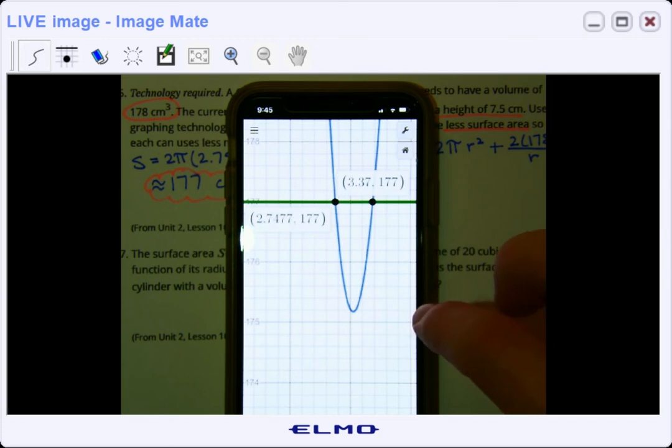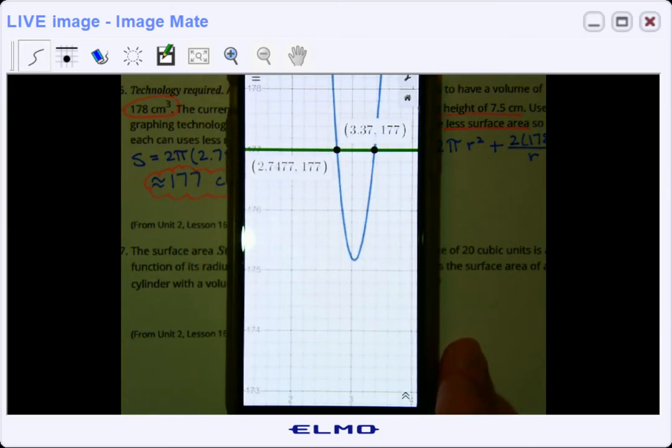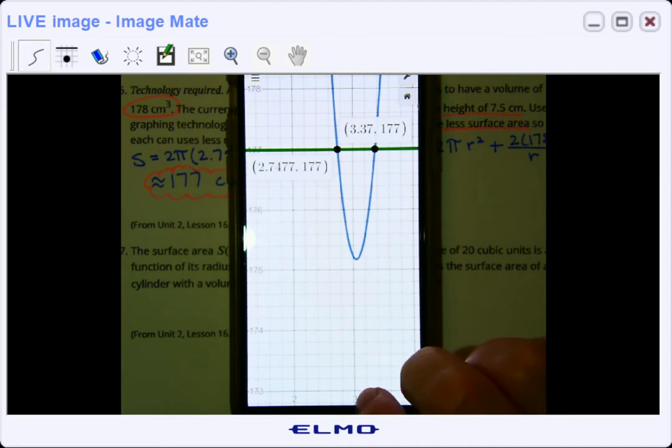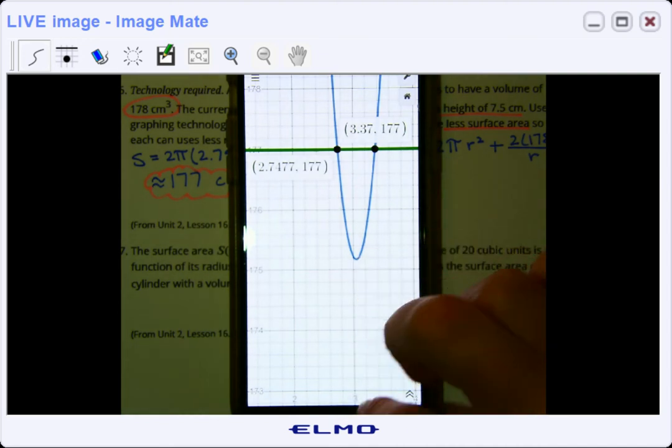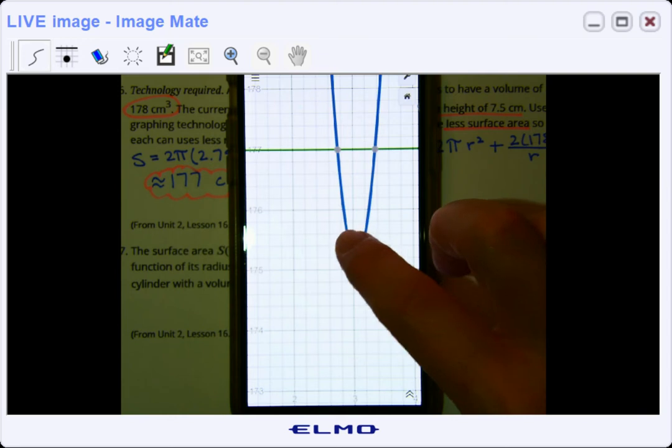So the question is just asking us to pick one value between them. This is at 3 here on the x-axis. I can travel up and I see that when x is 3, the surface area is a little bit smaller.